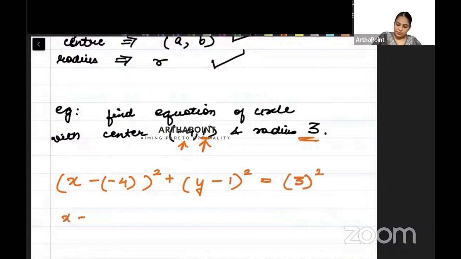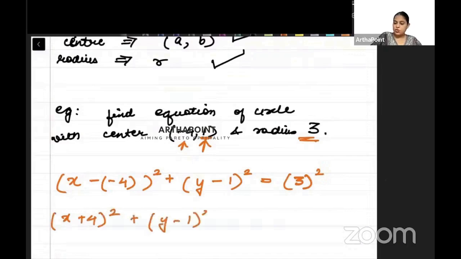So (x plus 4) whole square plus (y minus 1) whole square is equal to 9. This will be the equation of the circle.